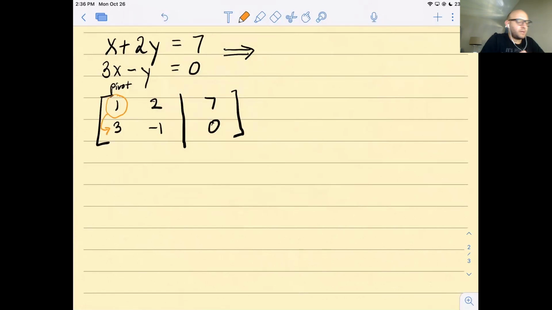If it was a 3x3 system, I could use the pivot to eliminate everything underneath it, as long as I have a 1. So how can I use that 1 to turn the 3 into a 0? What do I need to do?